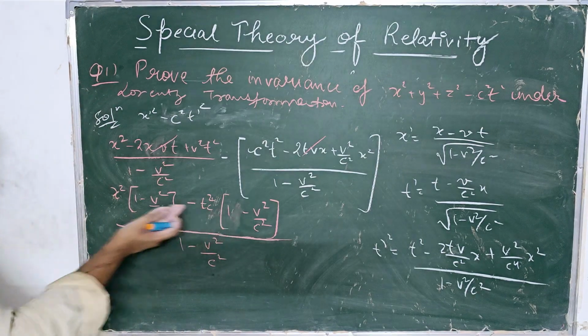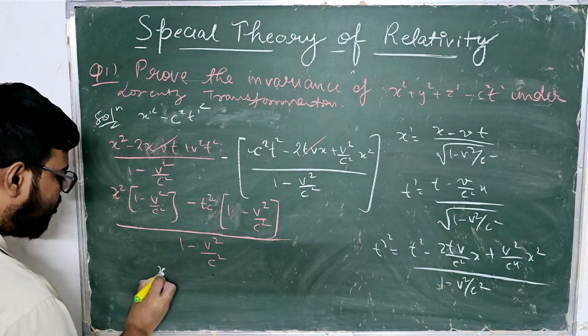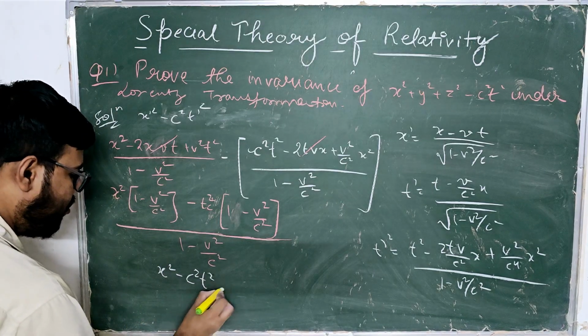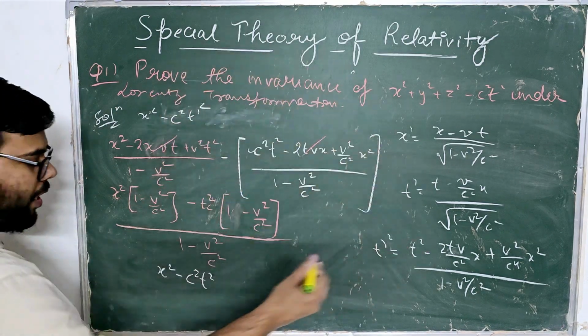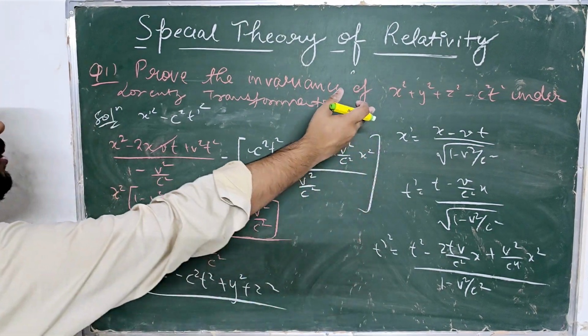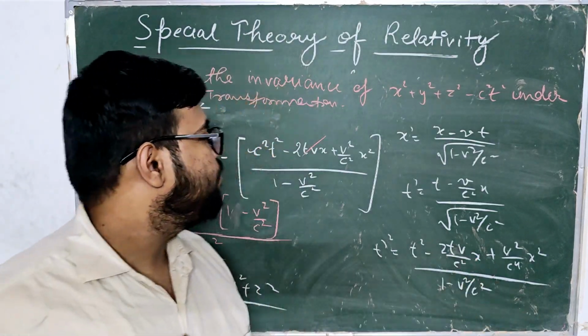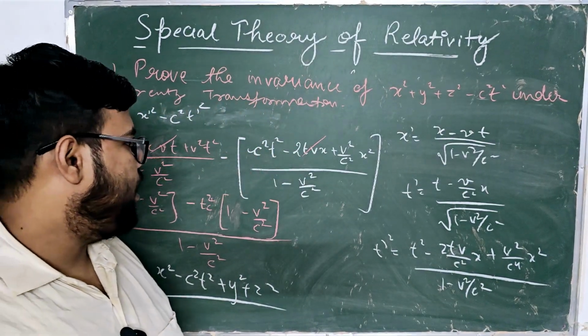Once you take this common from the numerator, you will get x² - c²t², and of course plus y² plus z². So it is true. So it means that this expression is invariant under Lorentz transformation, right?